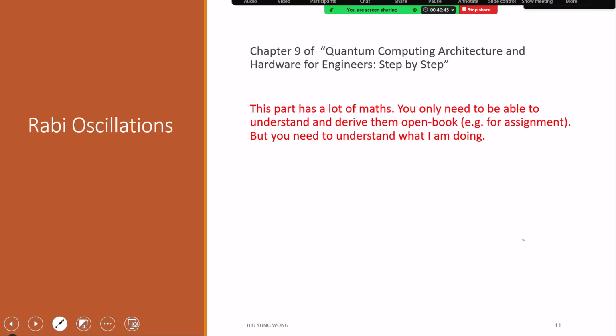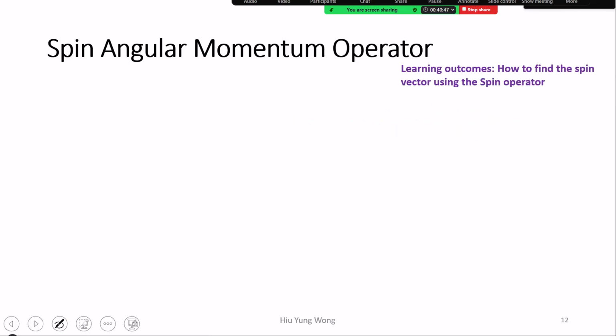Okay, so in order to start with this, we need to learn something about spin angular momentum. Why do I do that? Because do you remember we have the magnetic field, right?